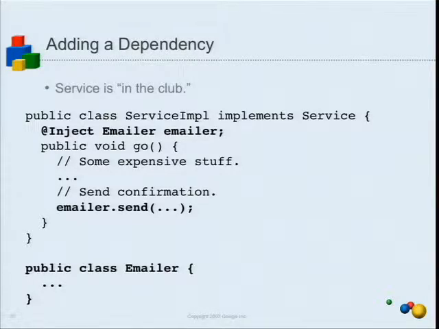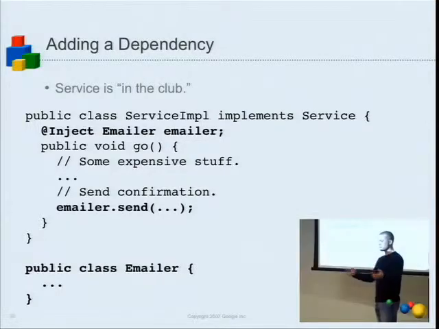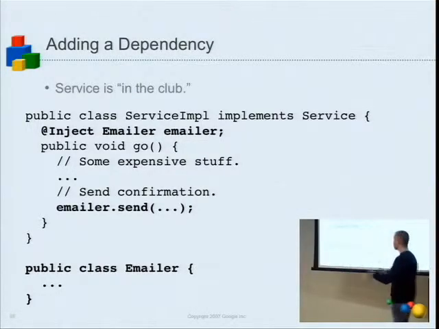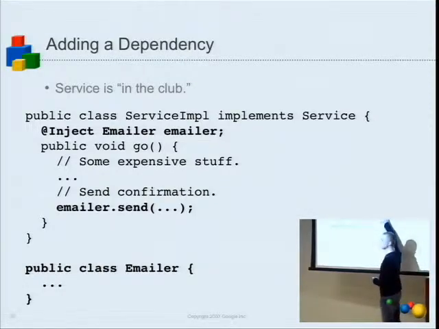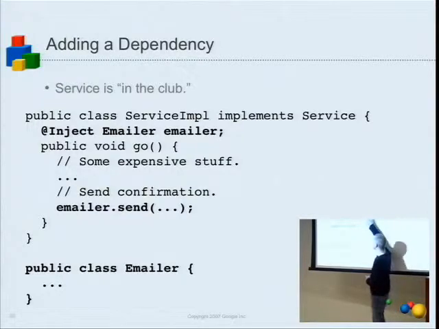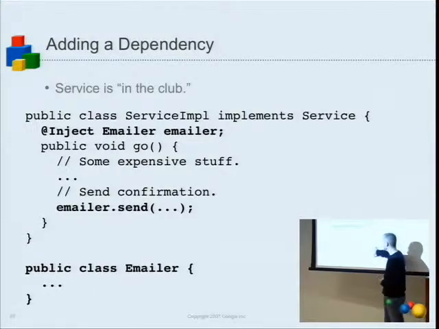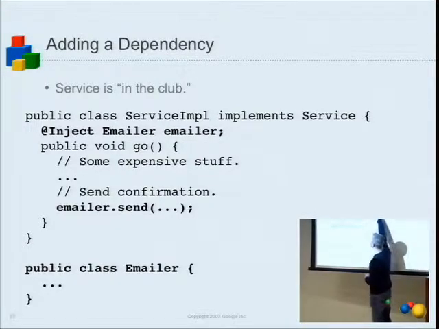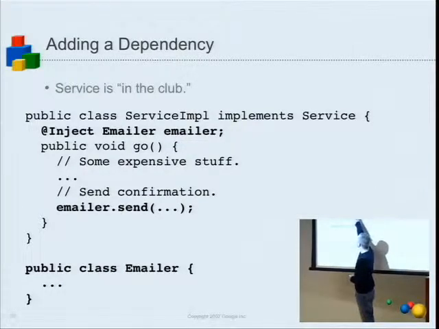So let's say we want to introduce a new dependency based on this idea I was talking about, bootstrapping. Let's say we want to add some emailing capabilities to our service simple. All we have to do there is first create our emailer. In this case, we're just going to make emailer a concrete class. And in service simple, we can create a field for emailer.